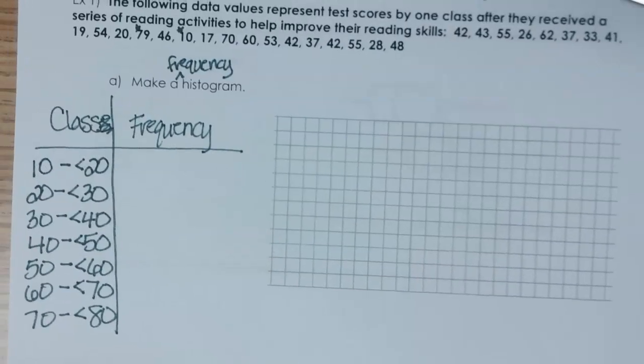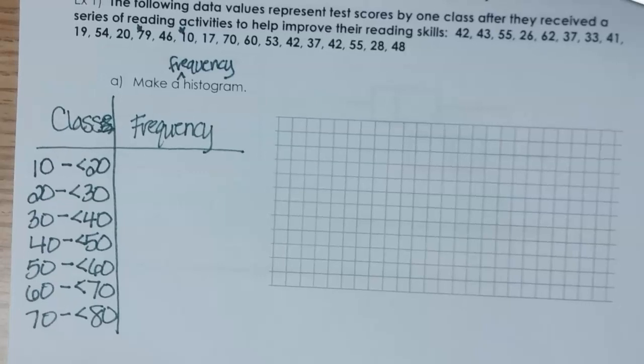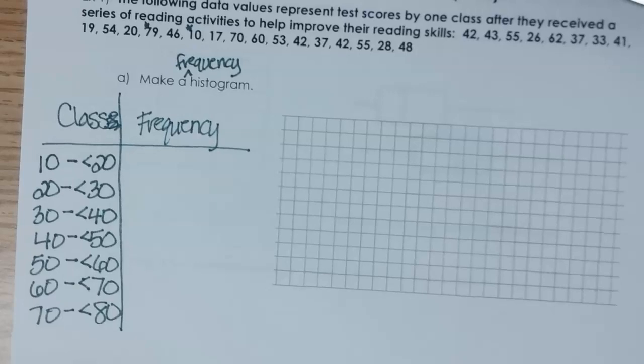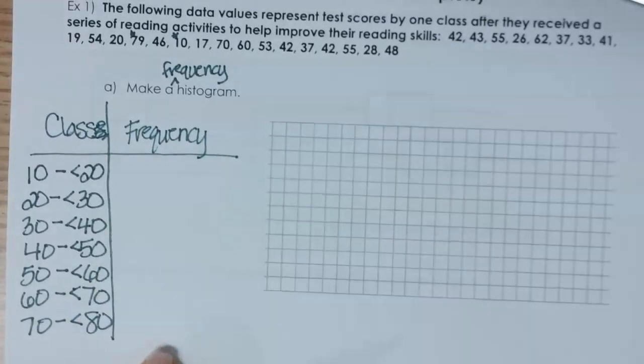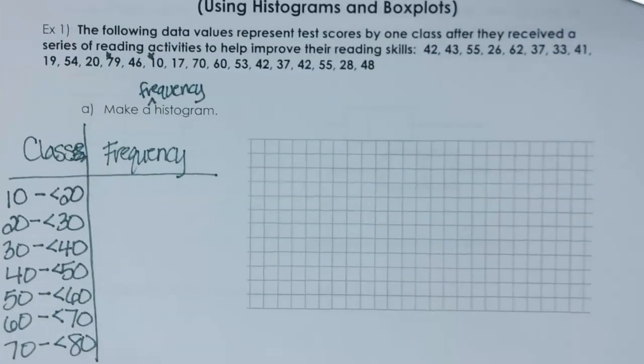Okay? So again, we made the classes. I'm going to ask that you pause the video and try to do this next part on your own, where we put the frequency of each class in there. If you're not pausing, here's what it's going to look like.